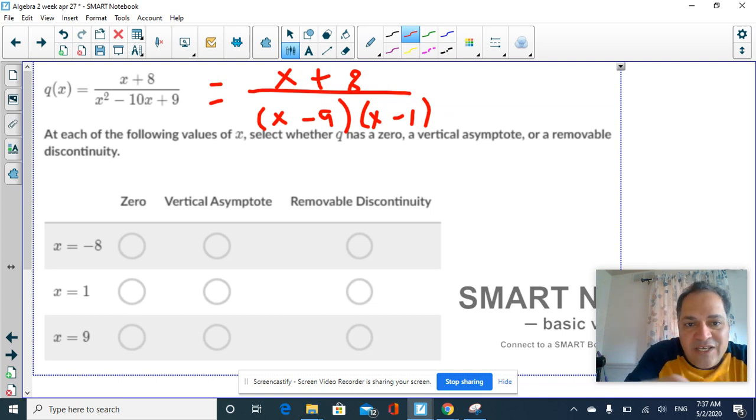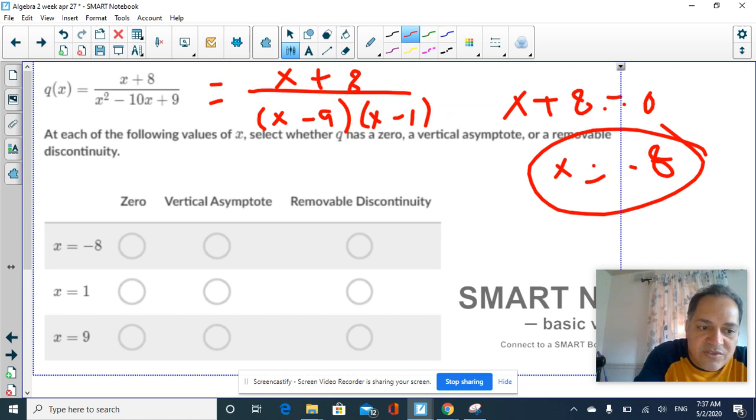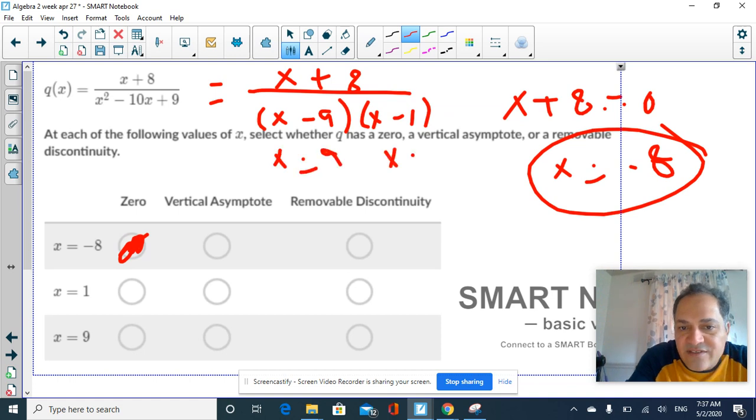So at x plus 8 equals 0, so x equal negative 8. At x equal negative 8, what do you have? Your function will be 0 over a number, so it's what? 0. You have here two vertical asymptotes, x equal 9 and x equal 1.